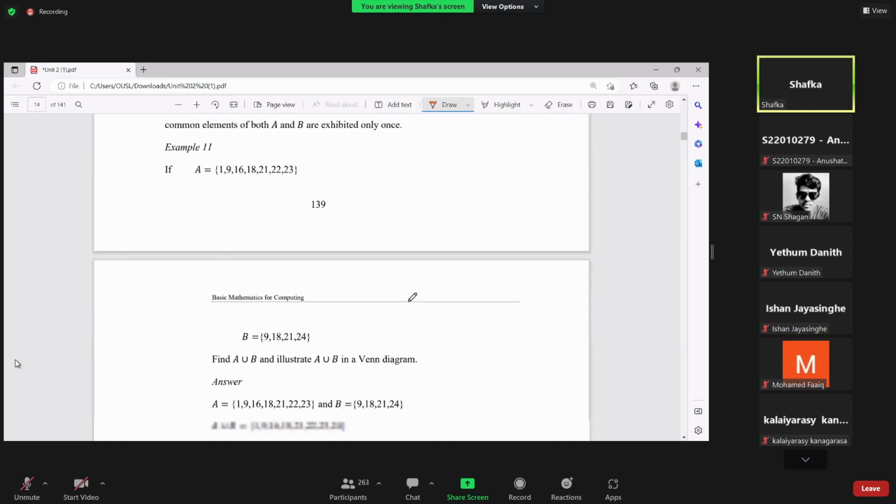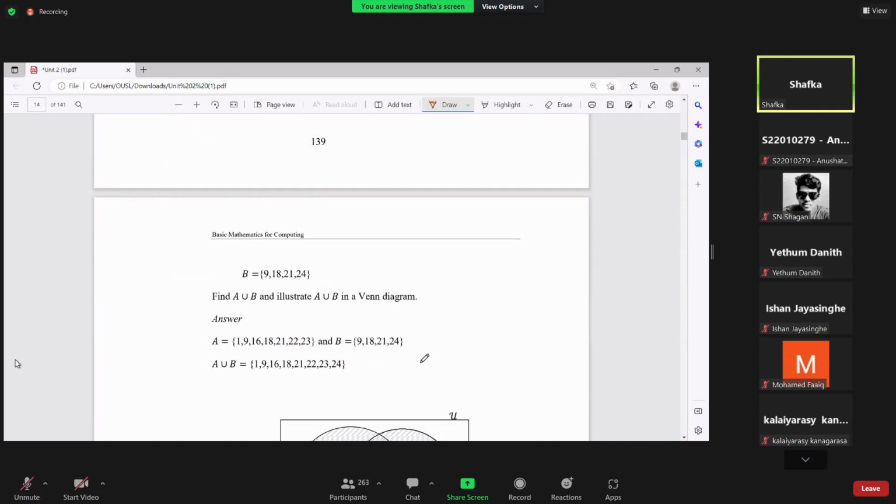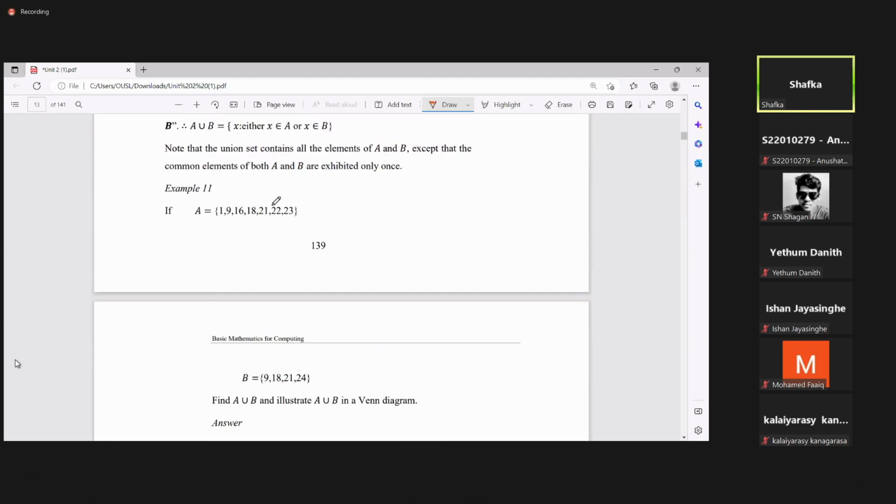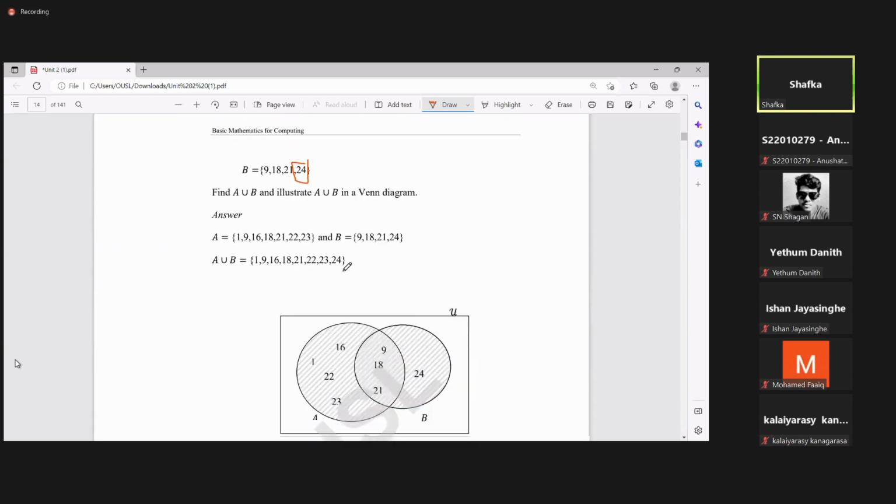All the elements. Okay, so 1, 9, 16, 18, 21, 22, and 23. 22 is not there in capital B, and 23 is not there in capital B, and 24 is not there in capital A. But all the elements should be included in the union.